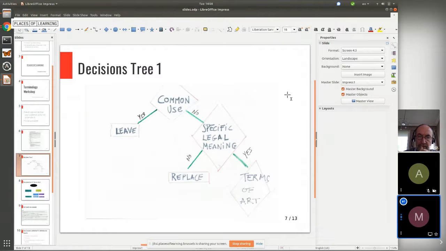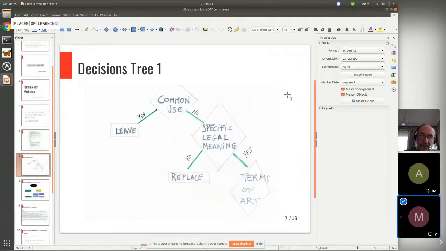For the first word, we ask, is it common use? By common use I mean a word that is maybe not clear, but is commonly used by people. If it's common use, you leave it, and if it's not common use, then we go to the next step in the tree.